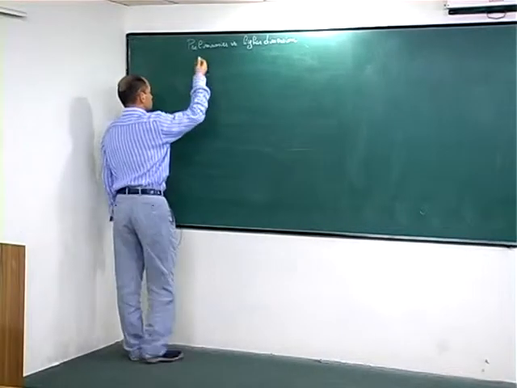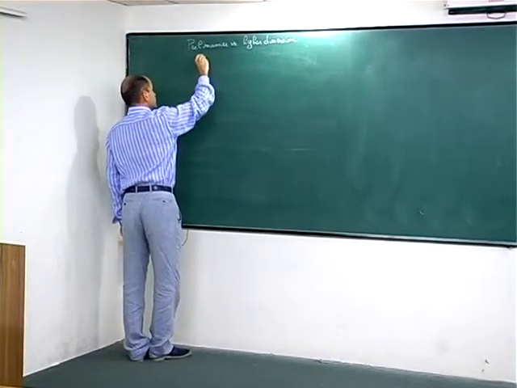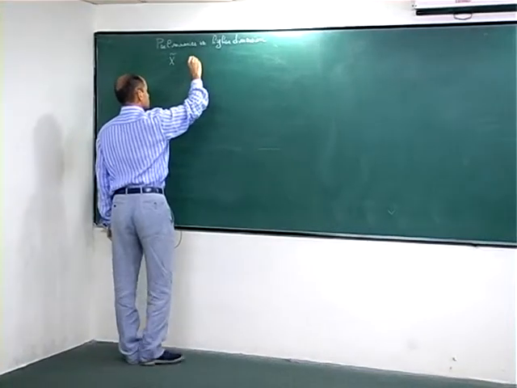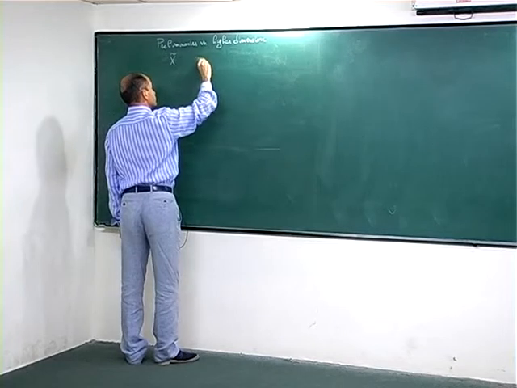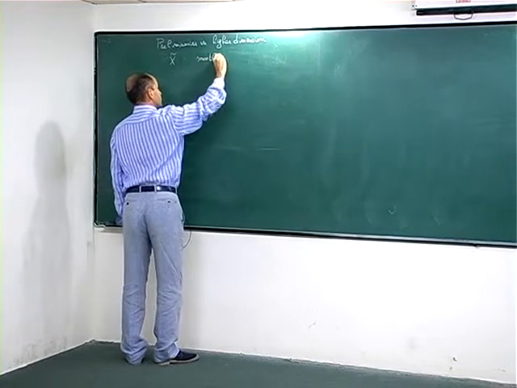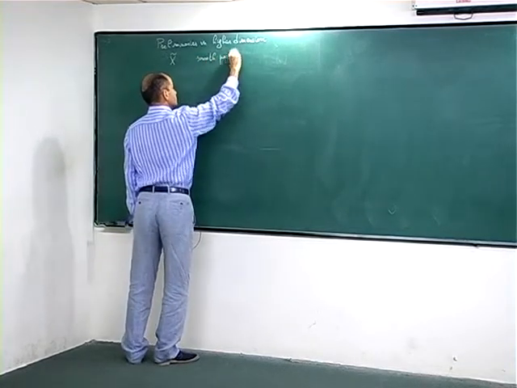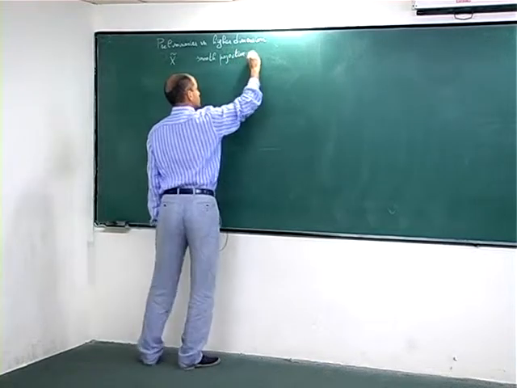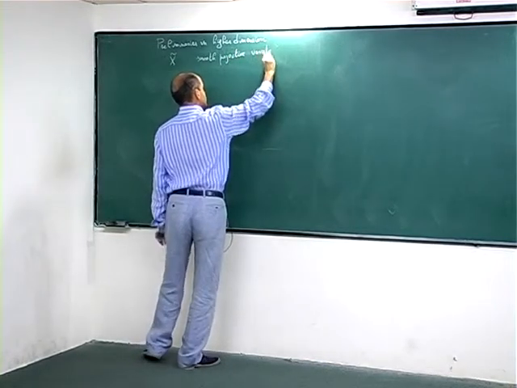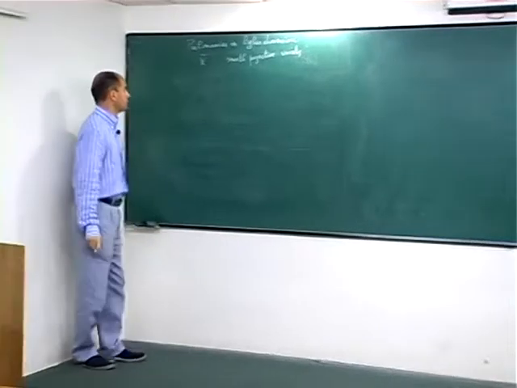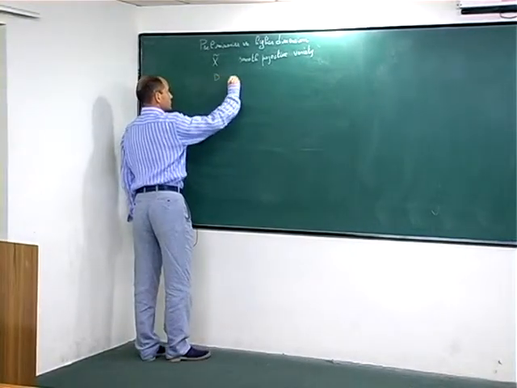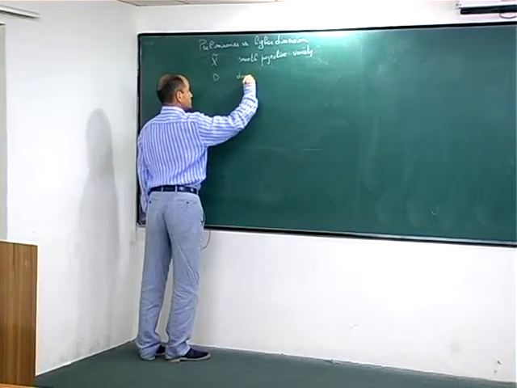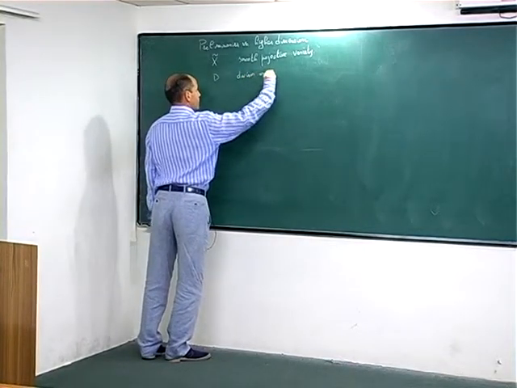So consider X tilde, a smooth projective variety, and a divisor D on X tilde.